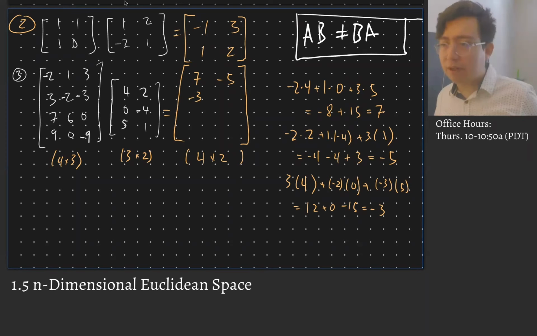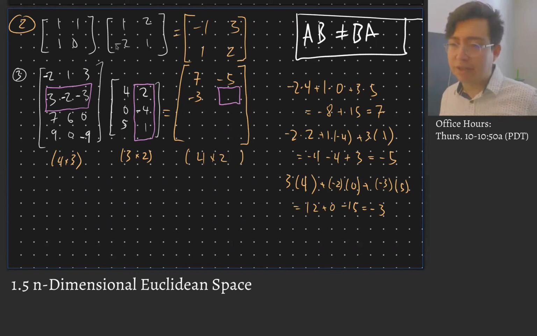So now this next one I'll highlight again like we did before. Let's look for this entry here. That is now in the second row still. Now we've moved on to the second column. You can think of those two as 3-dimensional vectors that I've highlighted, and we're taking the dot product of those two vectors.